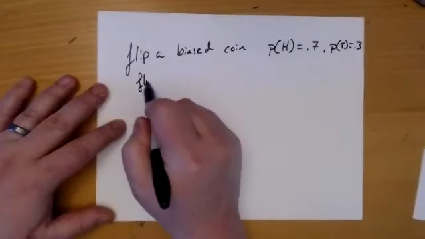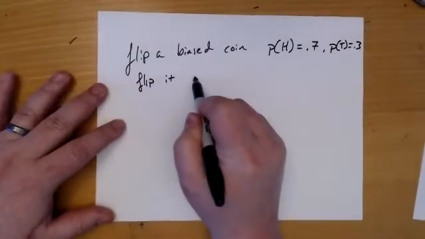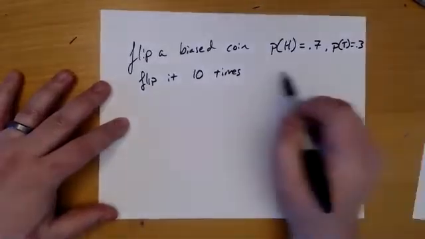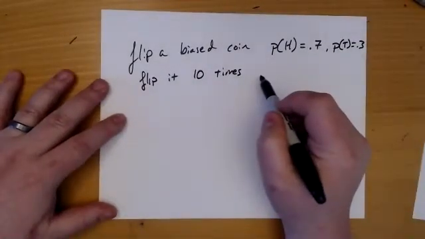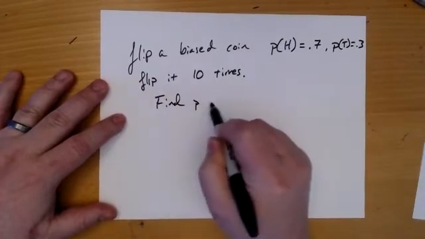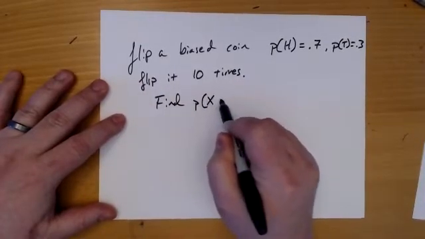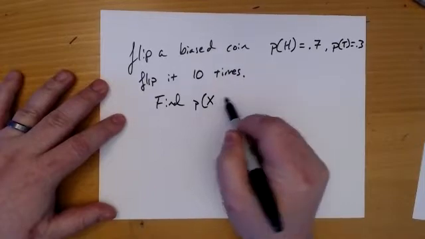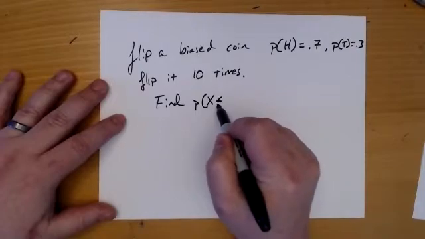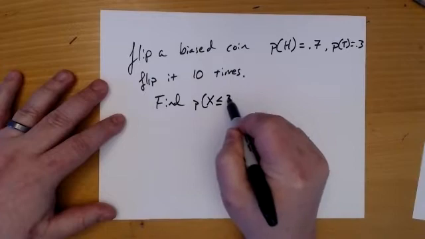We're going to flip it 10 times. Now, let's find the probability of having heads less than or equal to 3.